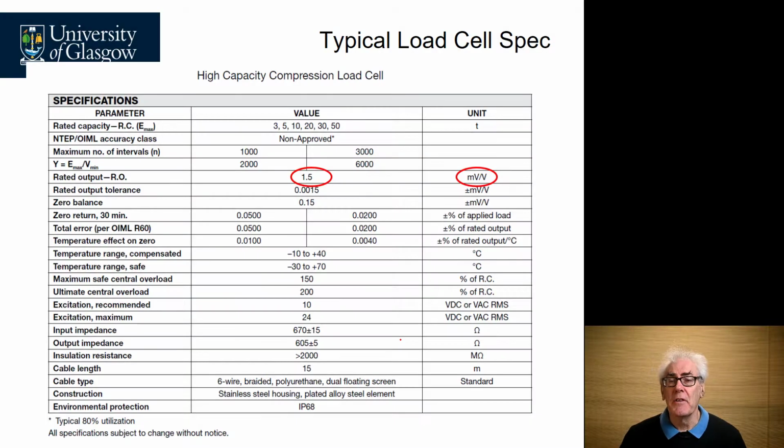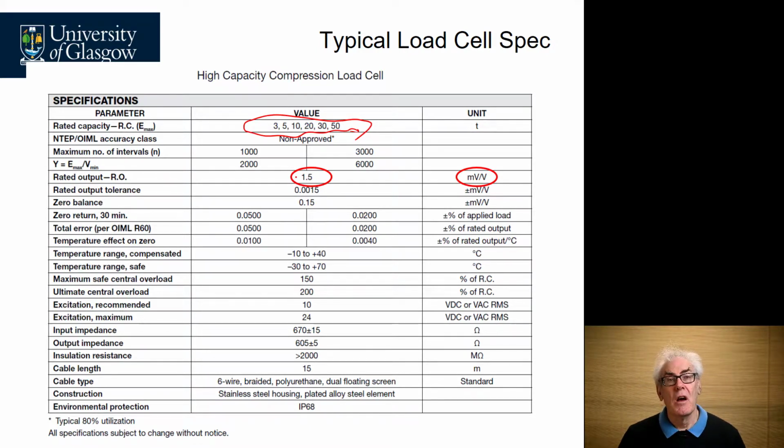Just so you're clear that this is a realistic scenario, and you're going to see this when I give you out your assignment, this is actually a load cell. And the rated value of the ones I've given here can be either 3, 5, 10, 20, 30 or 50 tons. But look at the output.